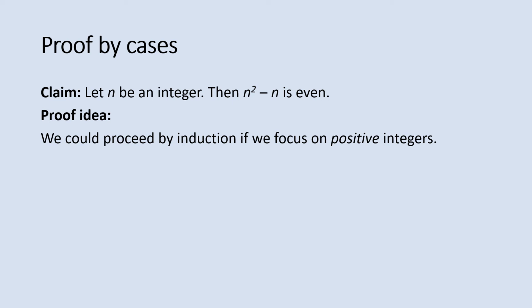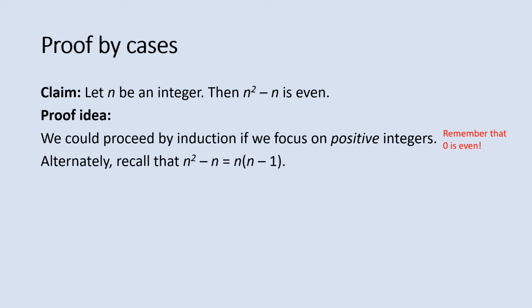And so the question is, is 0 even? And 0 is divisible by 2, so yes, 0 is even, and the base case would work in that setting. Again, the problem here is that induction has to have a smallest starting point, and in this case, we've said let n be any integer, and so there is no starting point. There is no smallest integer.